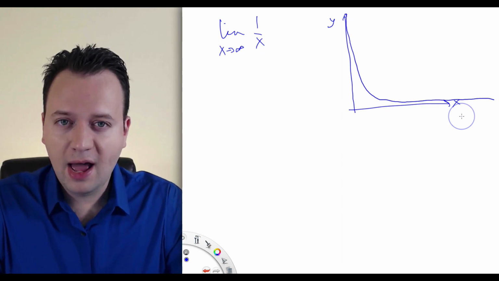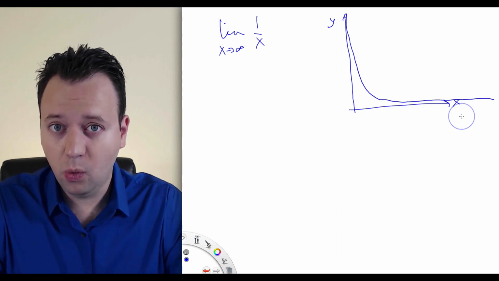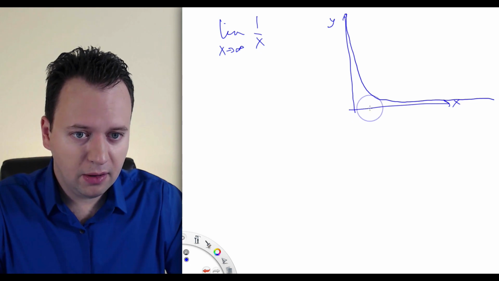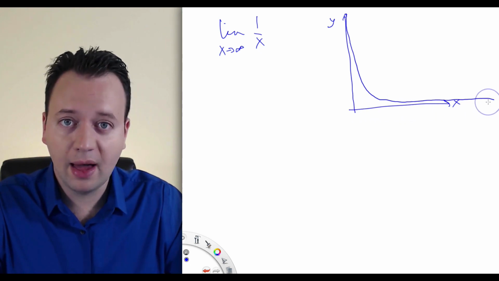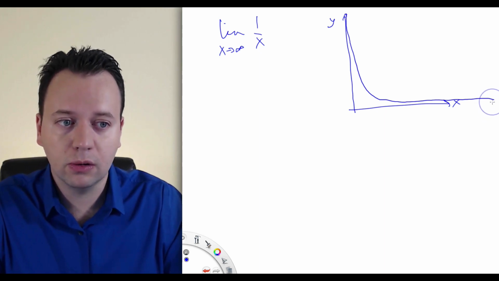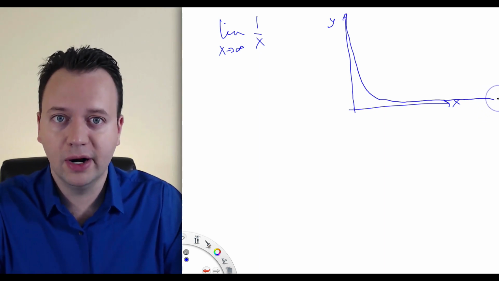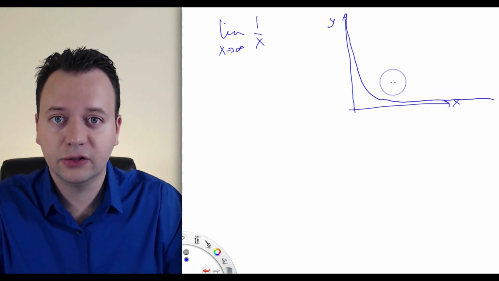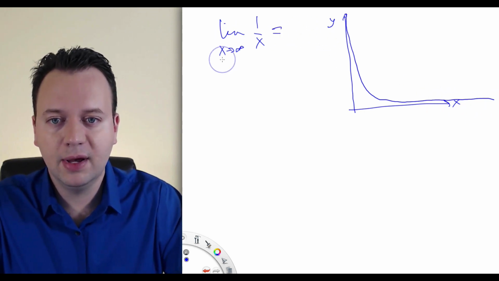But for any y value close to 0, whether it's 1 divided by a googol, which is a very, very small positive number, eventually there's going to be an x value where that output will be as close to 0 as 1 over a googol, or 1 over a googolplex, however small you want to make it. This gets closer and closer to 0 as x goes to infinity. So we say that the limit as x approaches infinity of 1 over x is 0.